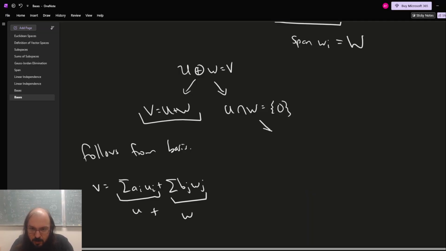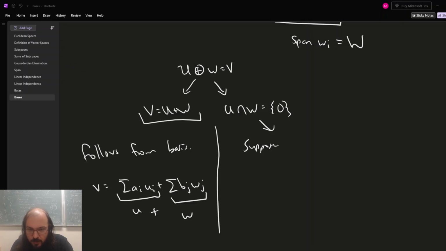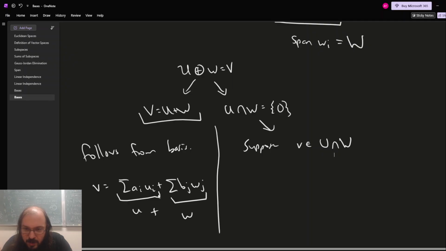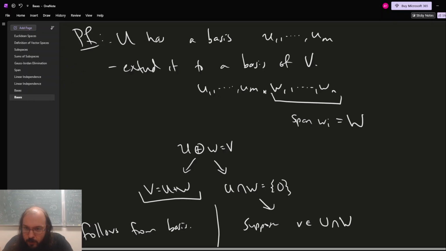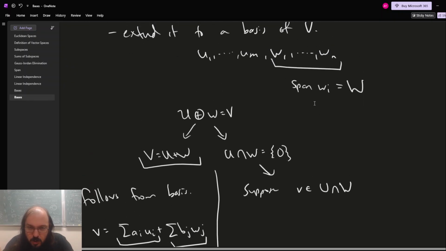So towards this end, let's suppose that we have some vector that's in this intersection. We have to prove that this V is 0. So since this thing is in the intersection, that means that I can write it using either the U's or the W's.